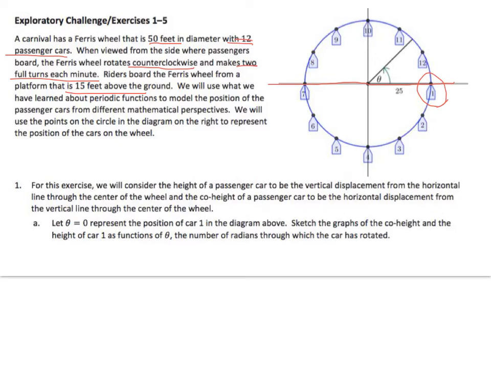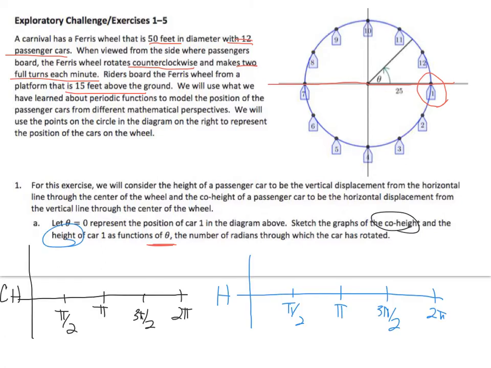Our angle isn't anything, our angle's 0. Sketch the graphs of the co-height and the height of car 1 as functions of theta, the number of radians through which the car has rotated. So let's look at the height of the car, which I'm doing in blue right now. As we rotate around, let's just do 90 degrees or pi over 2. When car 1 is right there, we're at the maximum, which would be up at 25.